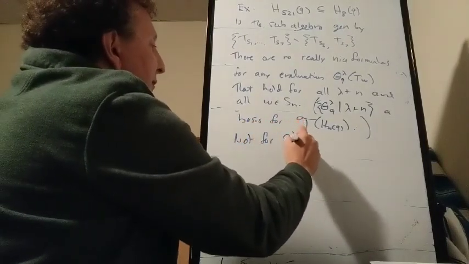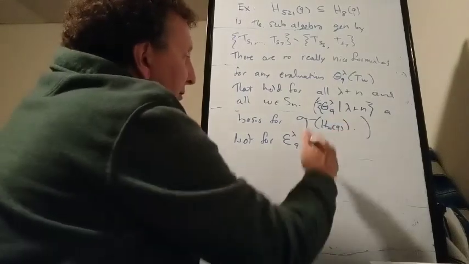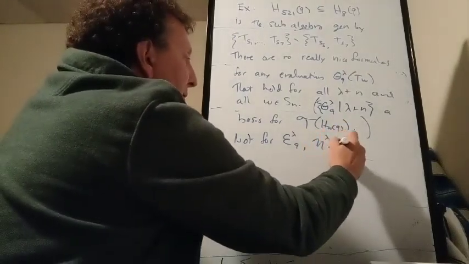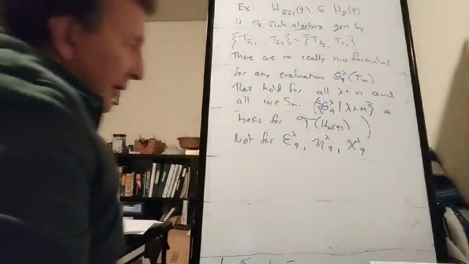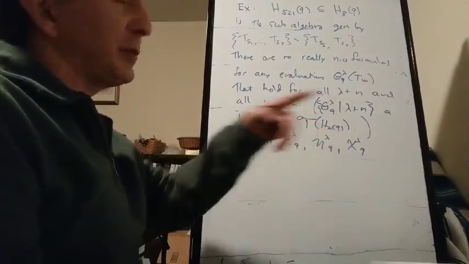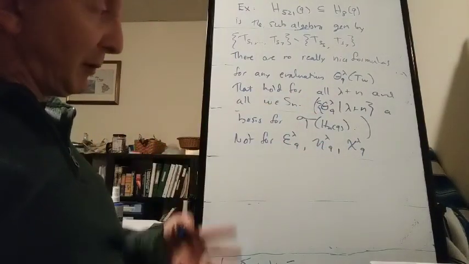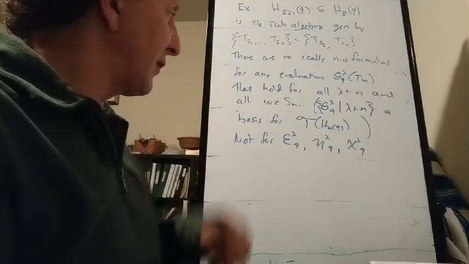So not for induced sign characters, induced trivial characters. Definitely not irreducible characters, because if we knew a nice formula for evaluating these things, we could just plug in q equals 1 and we would get a nice formula for irreducible characters of the symmetric group.